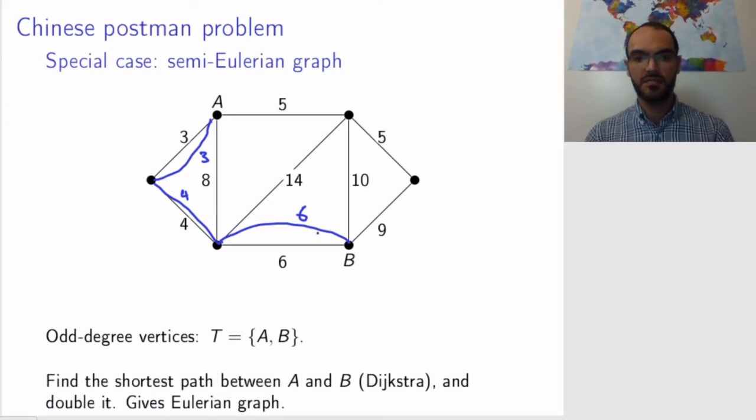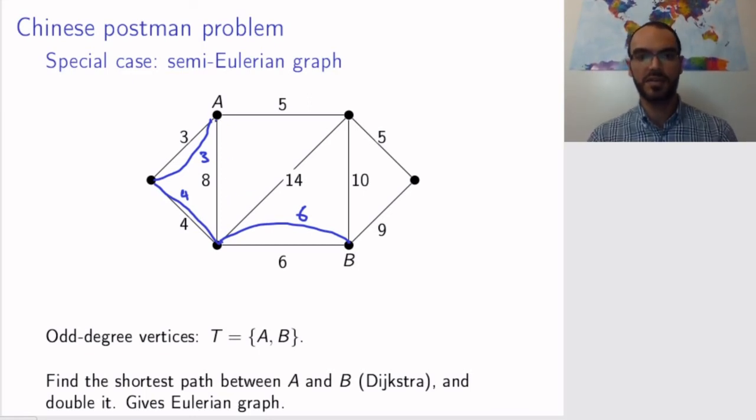And because this is a shortest path, then this will be the most efficient way. I'm not proving this, but this is hopefully at least plausible and makes sense, that if I find the shortest path, then adding this shortest path, I will get my solution.